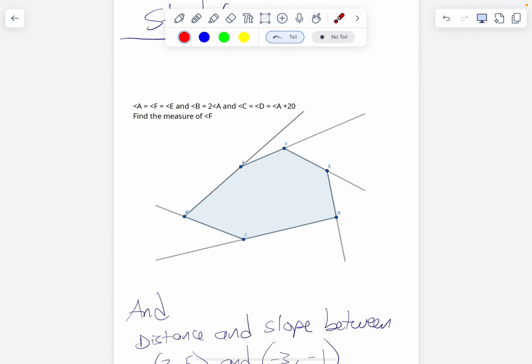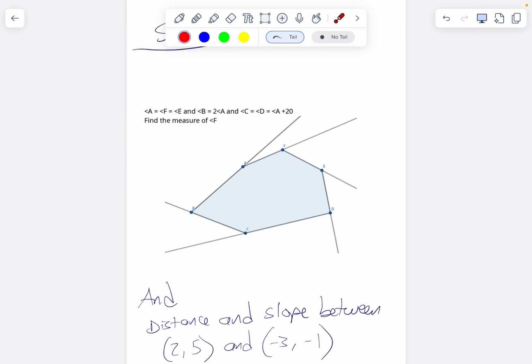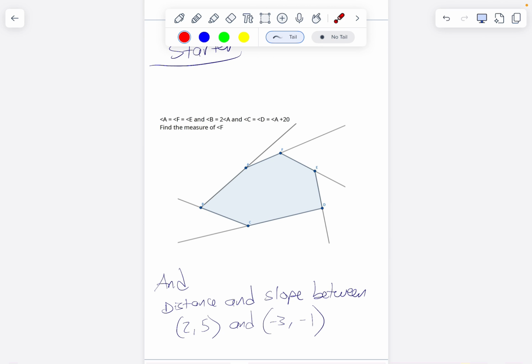All right. What kind of problem is this? Let's just zoom out and do a big picture category for this. So what kind of situation are we dealing with? I want a category.